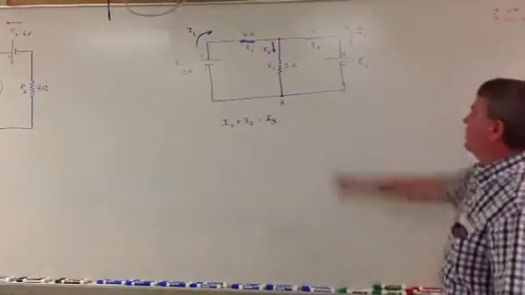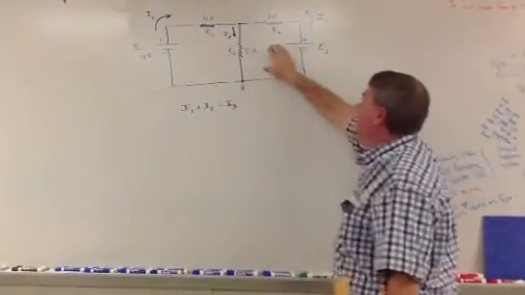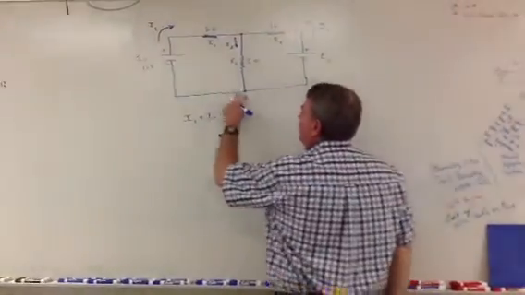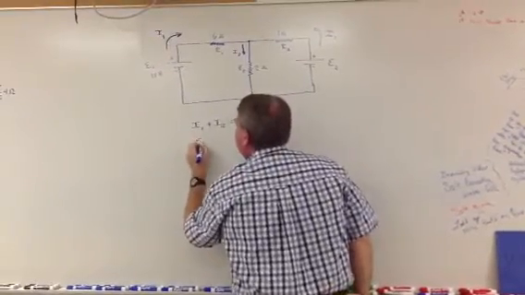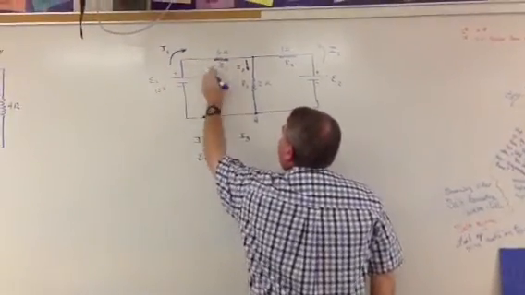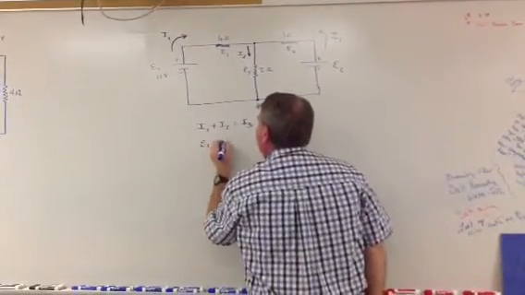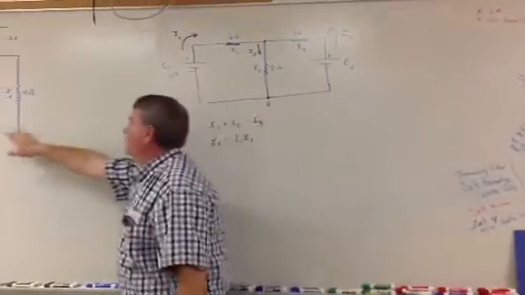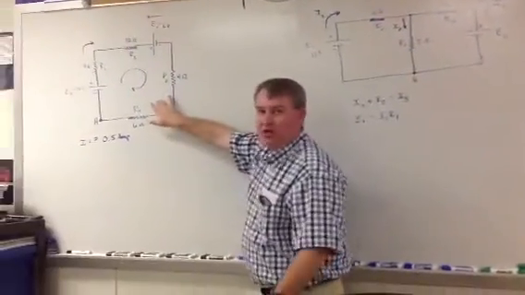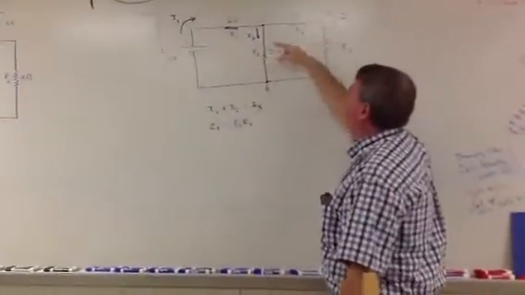Alright, now we started at this point. We're going to analyze the left-hand side of this, and then the right-hand side. Left-hand side, starting here, going over, we get plus E1. Going around, minus I1R1. Now you have to be careful because in the previous problem, you had one overall current, we called it I. It wasn't I1 or I2. In this one, you've got three currents, I1, I2, and I3.